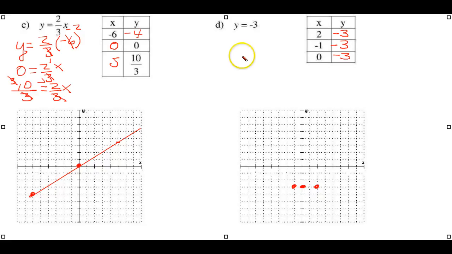Now this is a case, and we're going to be introducing this. A special form of the equation is y equals b, and this is an equation of a horizontal line that goes through the y-axis at this point b, which is what is called the y-intercept.